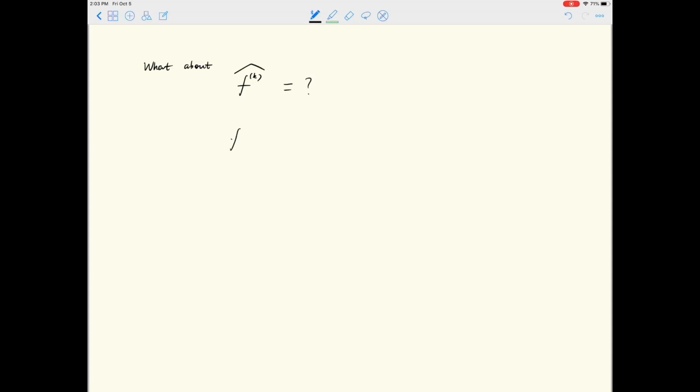Well, it turns out that higher order derivatives just lead to a higher degree polynomial in the multiplication. So the Fourier transform of the k-th derivative of f equals i omega raised to the k power, multiplied with the Fourier transform of little f. That's it. It's that simple.